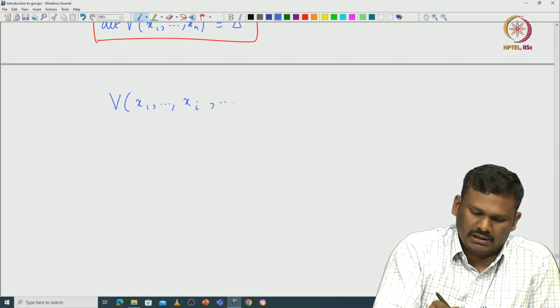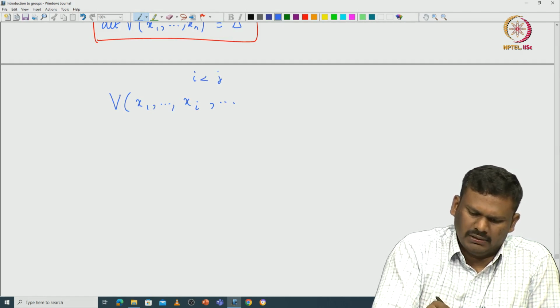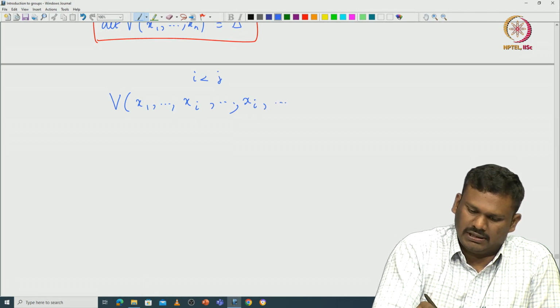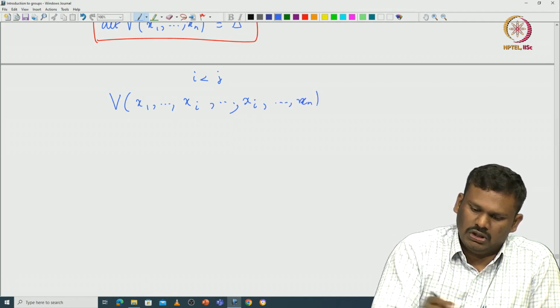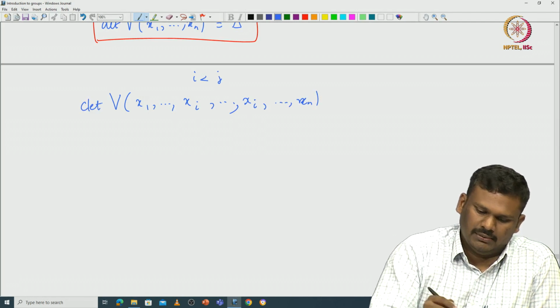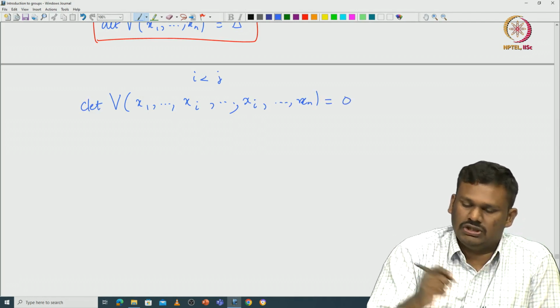So what I am trying to say is that it is easy to see that, for V of x1 etc. xi etc., let us say i is less than j, then you replace xj by xi again, etc. xn. Then it is easy to see that the determinant of this is exactly 0.